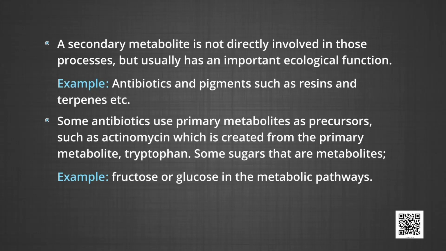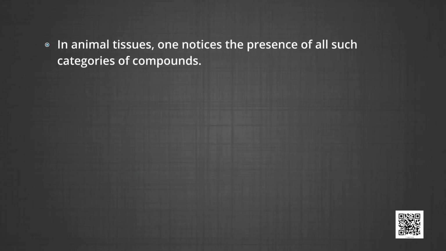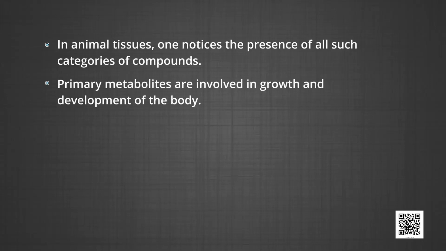Some sugars that are metabolites, examples include fructose, glucose, and these are in the metabolic pathways also. In animal tissues, one notices the presence of all these categories of compounds. The primary metabolites are involved in the growth and development of the body.